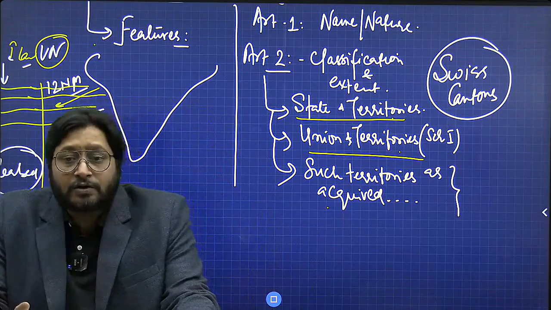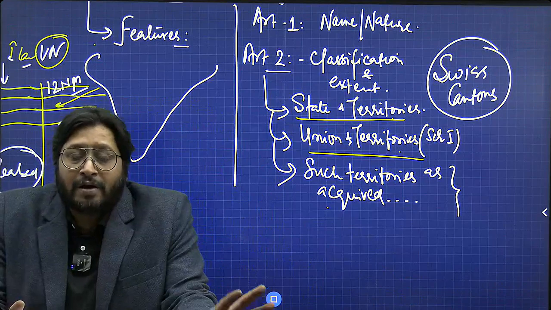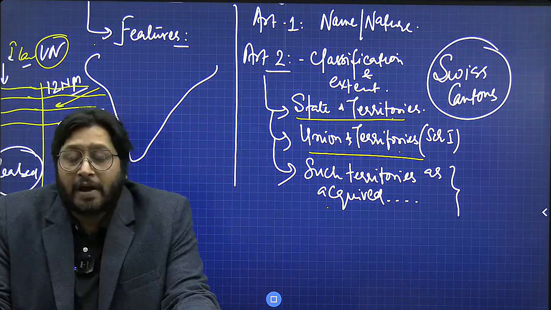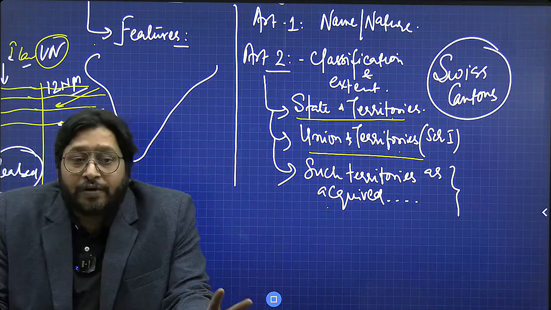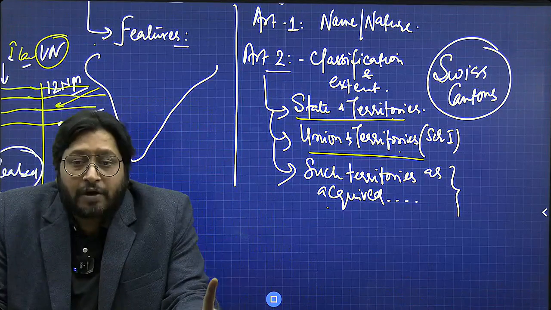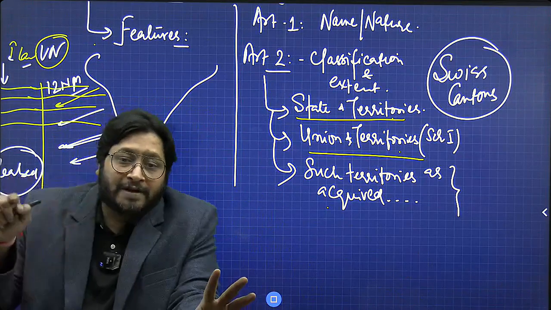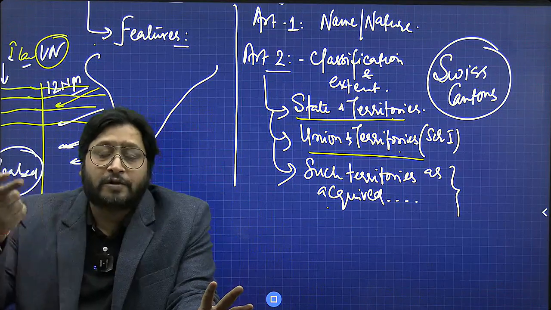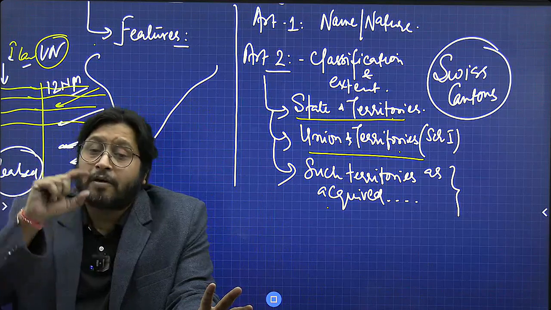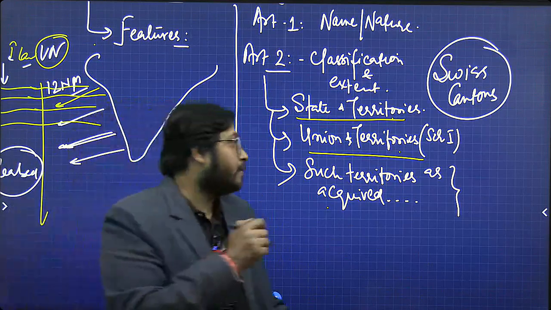Now see, Article 2 obviously talks about what? Article 2 talks about the admission of new states. Articles 2 and 3 are to be distinguished. Article 3 talks about rearrangement of the existing states. Article 2 talks about admission or creation of new states, but not from the existing ones.